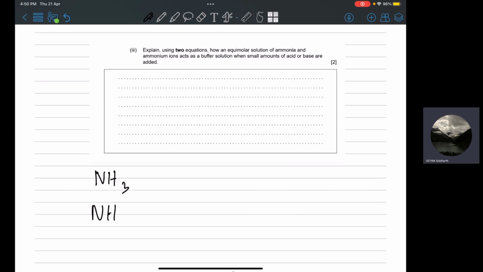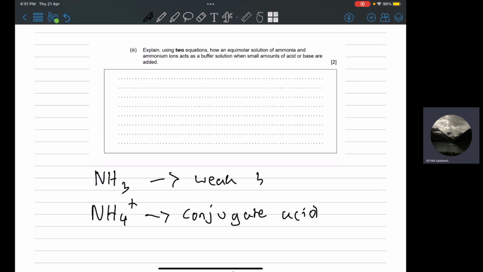Ammonium ions are the conjugate acid of ammonia. So we have a weak base and the conjugate acid of the weak base, and this gives us our buffer solution.